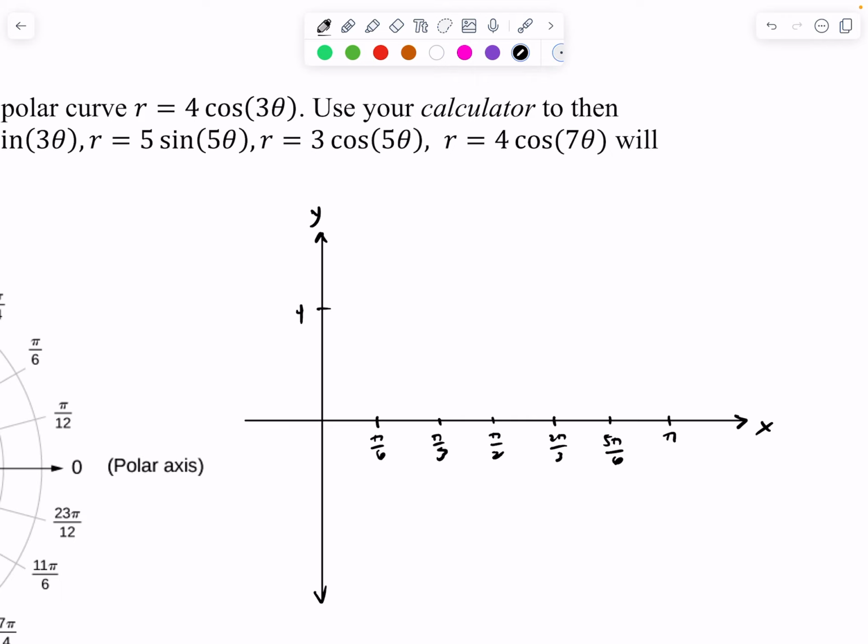So 4, negative 4. Okay, thinking about cosine. The graph continues on.